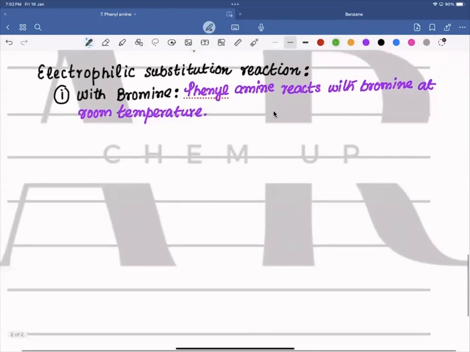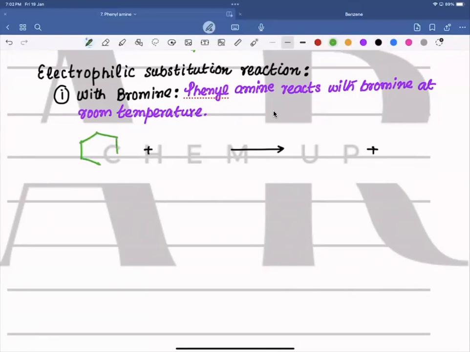So we have an NH2 group, and it reacts with 3 moles of bromine.